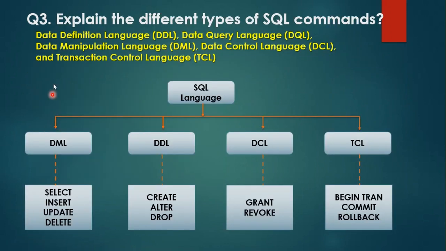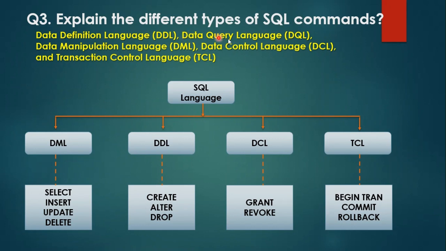Okay. Then moving to the next, explain the different types of SQL commands. This is the most important question asked in the interview. The interviewer wants to know, do you know the different types of commands available in SQL? So basically there are different kinds of SQL commands available. First of all is the data definition language, which we say as DDL.